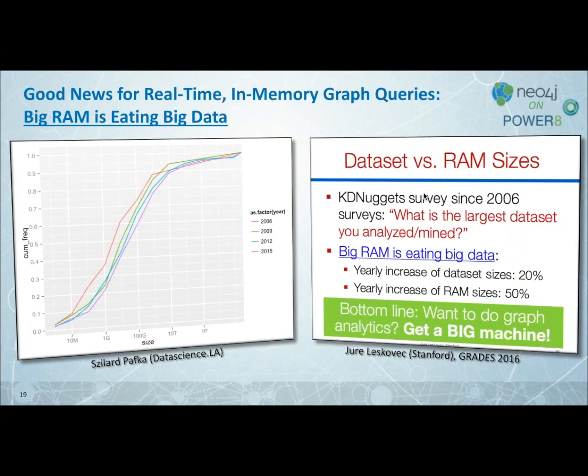And he came up with this saying, big RAM is eating big data when it comes to graphs, that the growth of memory has occurred at such a large rate that the majority of interesting enterprise data sets can fit into RAM on large machines. And to the degree that you bring in more and more data from outside and it doesn't fit in RAM, then you need a really fast I/O subsystem. And guess what?